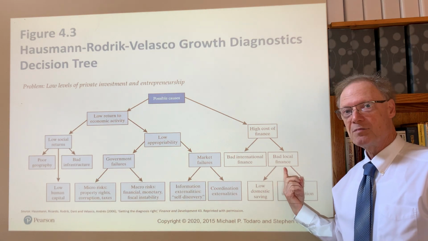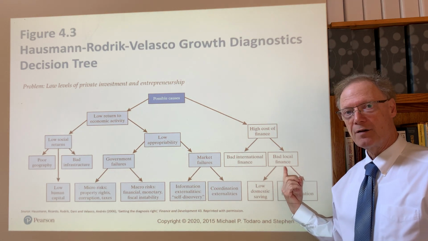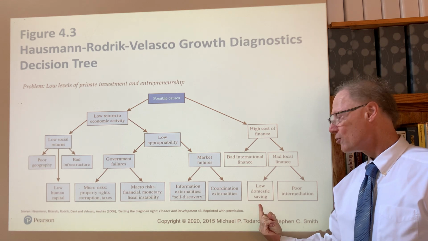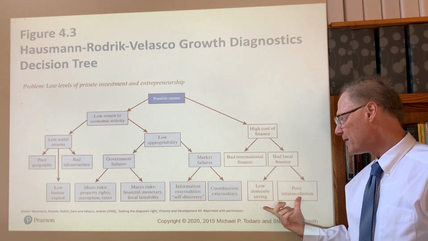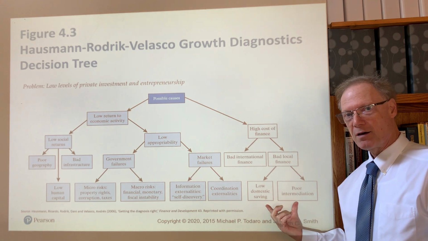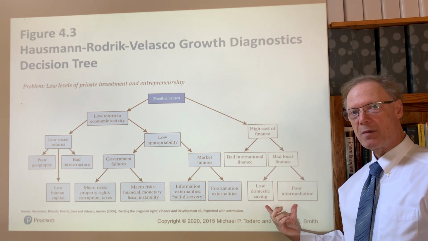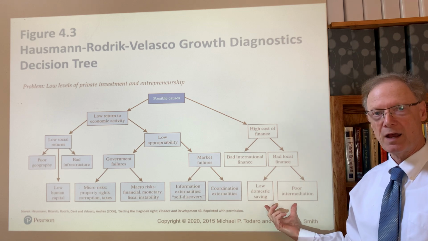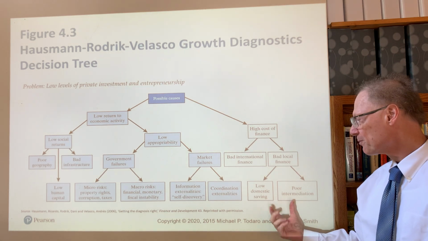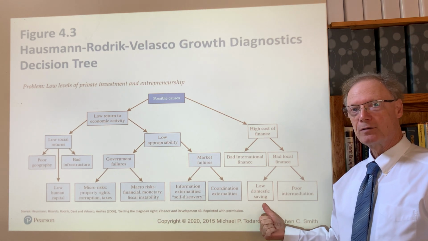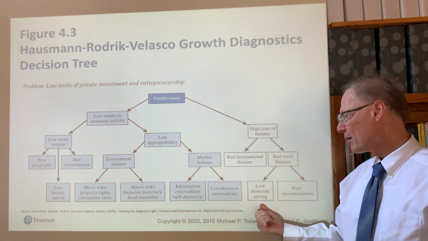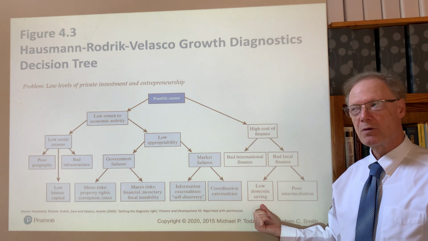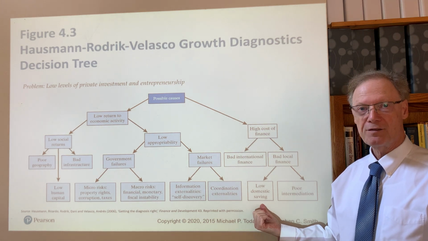Another possibility is bad local finance, of which there's two components: low domestic savings or poor intermediation. Now these we can even think of in terms of the growth models we have already looked at, however simple they may be. For example, with respect to low domestic savings, in the AK or Harrod-Domar growth model, you'll recall that growth was proportional to net savings.